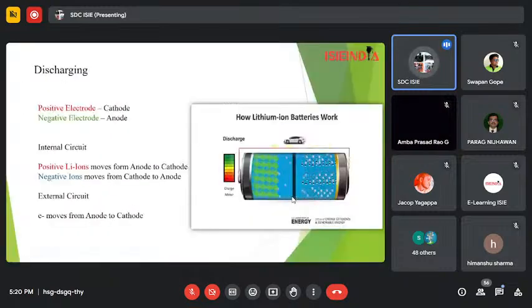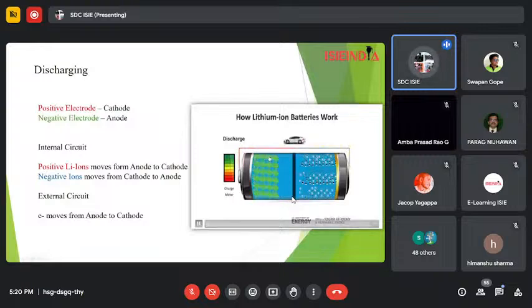So as we can see here, the positive electrode is the cathode and the negative electrode is the anode. As you can see here, lithium ions are moving from anode to cathode. So this is the discharging of the battery. In discharging of the battery, we are supplying the electrons from the negative terminal to the positive terminal.